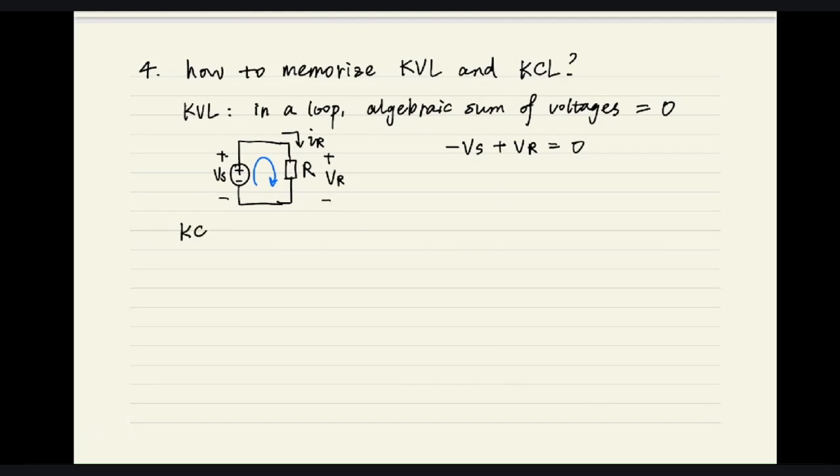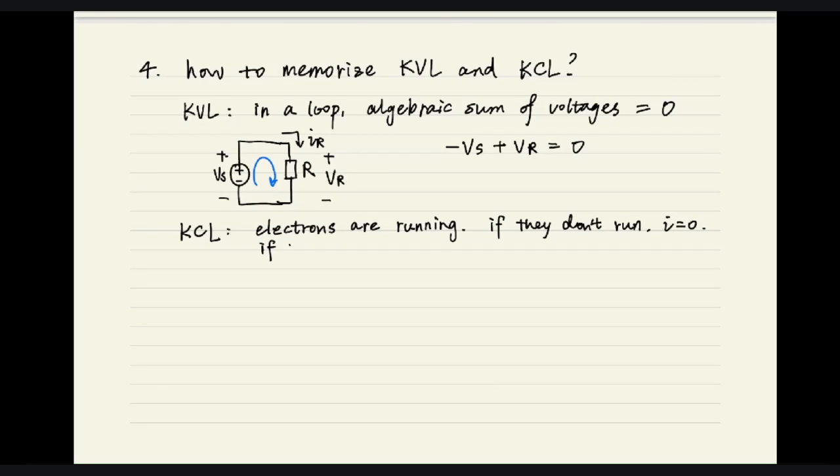Now let's consider KCL. The idea behind KCL is electrons are always running. If the electrons don't run, the current is equal to 0 because the flow rate is 0. So when current is 0, we don't need to consider them.